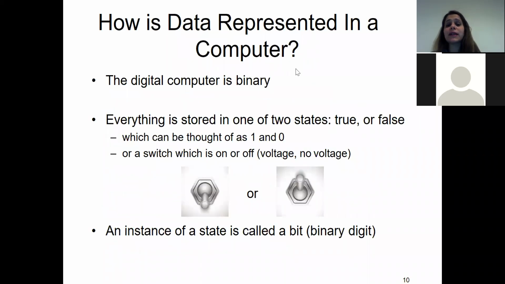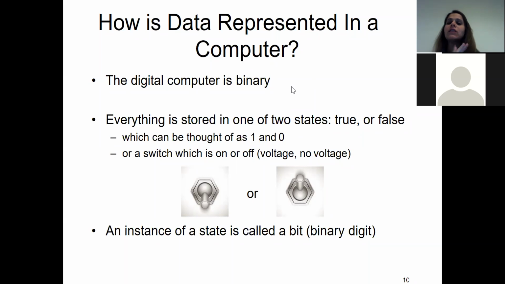How is data presented in a computer? I've already mentioned that the computer does not understand any other language. The only language that the computer understands is binary, which is the machine language. The binary or machine language is represented by two values, 0 and 1. 1 means true, 0 means false, or it could be, for example, voltage, no voltage.